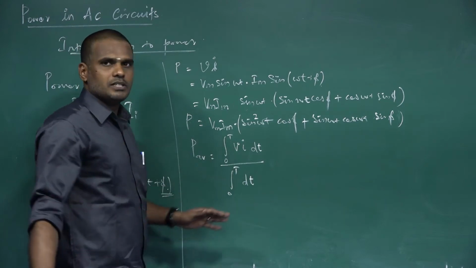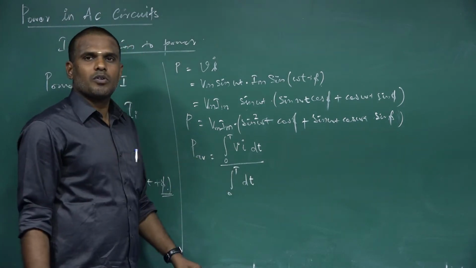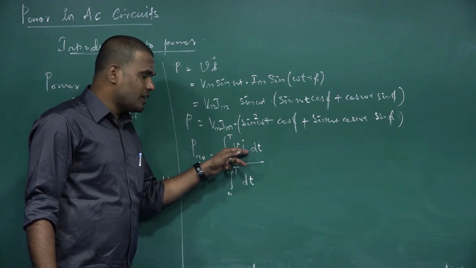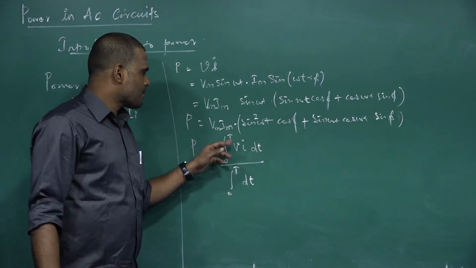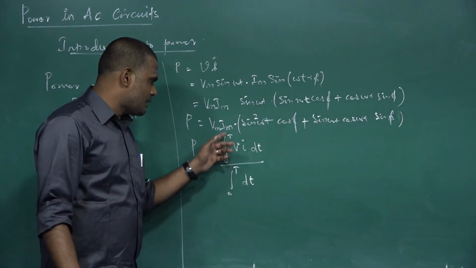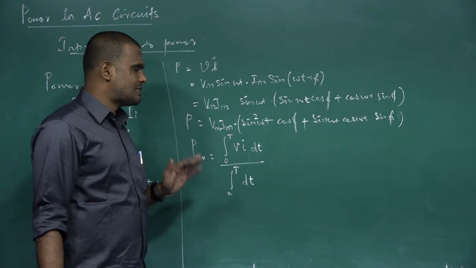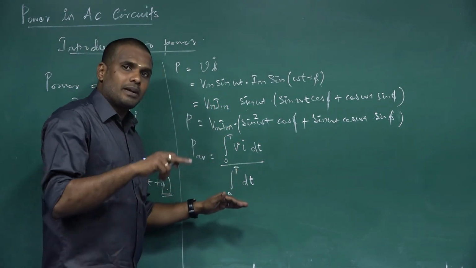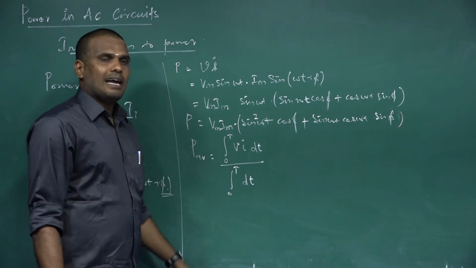This is the representation for average power consumed over one complete cycle. So what am I doing here? I am taking the product of instantaneous voltage and instantaneous current, and then I am taking a sum of all these instantaneous values between the limit 0 to capital T for one complete cycle. I just added all the values and I am dividing it by capital T. Then you will get the average.